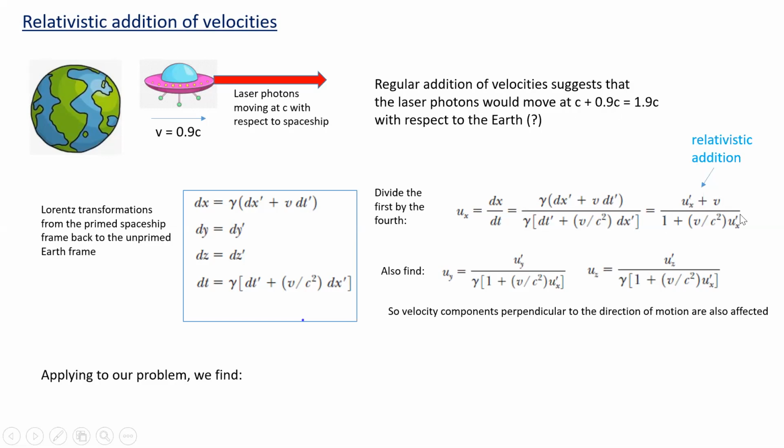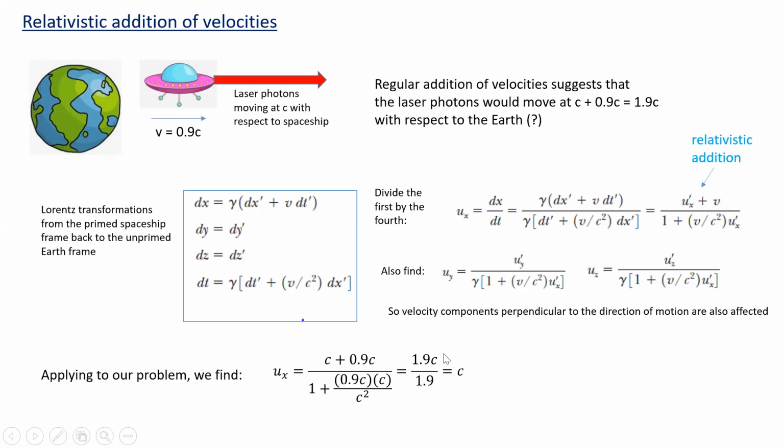So applying this to our initial problem, where we found a speed greater than c, applying this formula here, we would find ux, the velocity of the photons with respect to the Earth, would be ux prime, the velocity of the photons with respect to the spaceship, plus v, the velocity of the spaceship with respect to the Earth, over 1 plus v ux prime over c squared, 0.9 c times c over c squared.